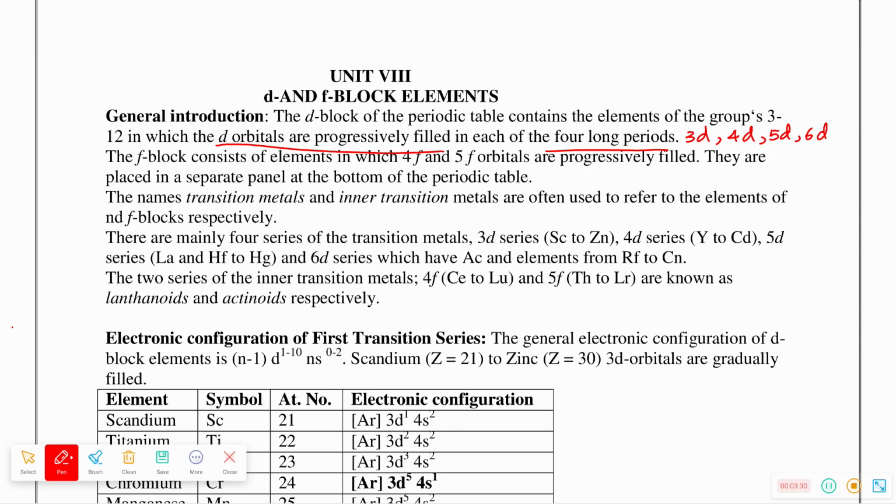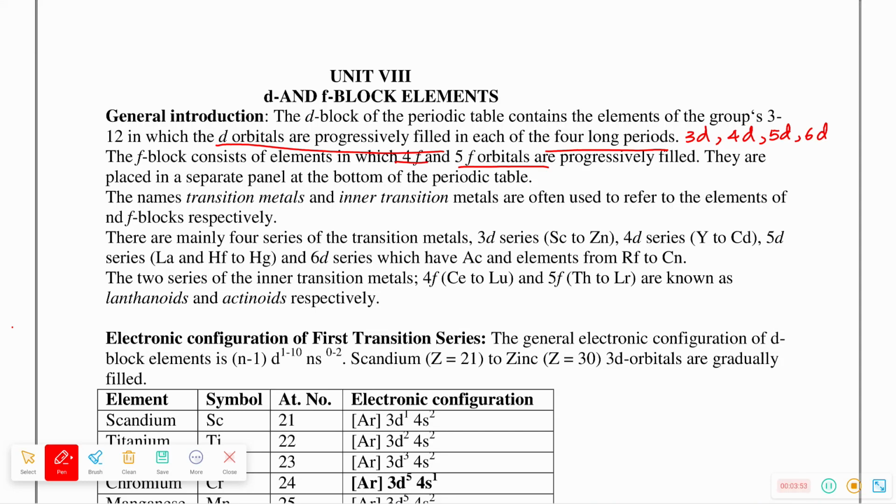If 4F orbital is progressively filled, it is called lanthanoids. If 5F orbitals are progressively filled, it is actinoids. Clear? So lanthanoids and actinoids together are called F block elements or inner transition metals.